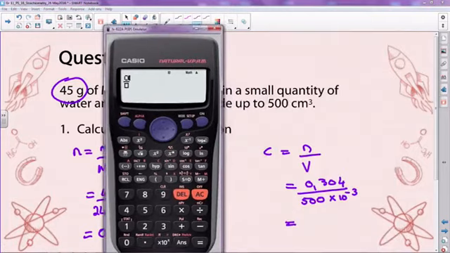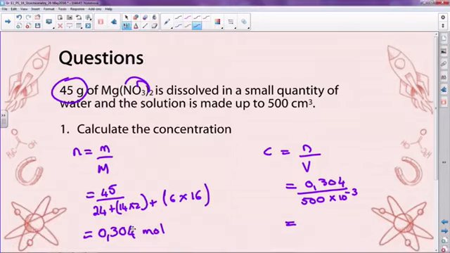I'm going to go 0.304, and down here I'm going to go 500 times 10 to the minus 3. It's going to be 76 over 125, which is 0.608. So 0.608 moles per decimeter cubed.